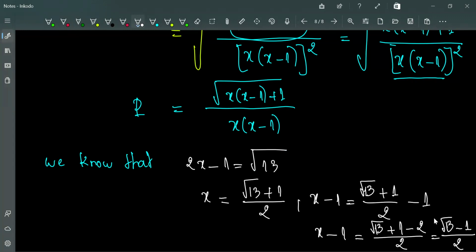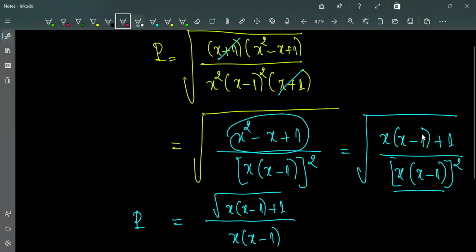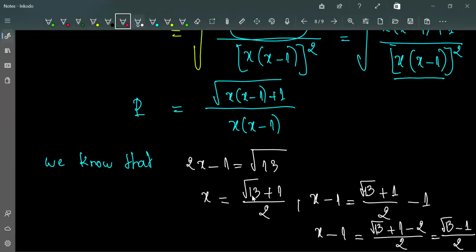So when we know the value of x and we know the value of x minus 1, now we can use it to find the value of x times x minus 1. Yes, so x is equal to square root of 13 plus 1 over 2.